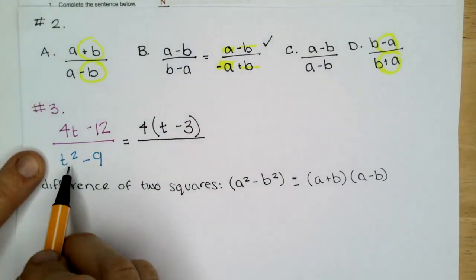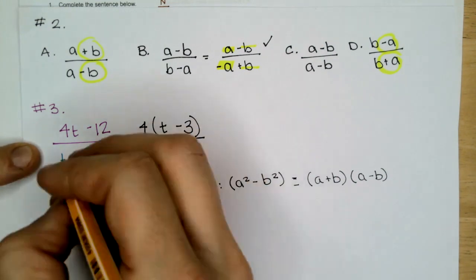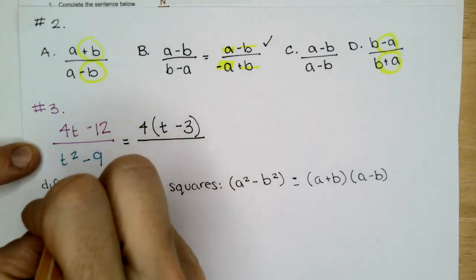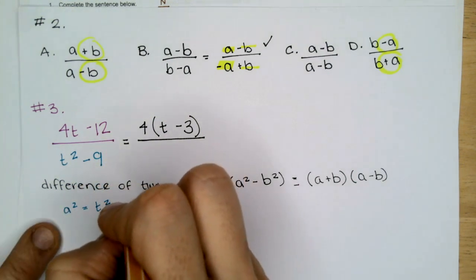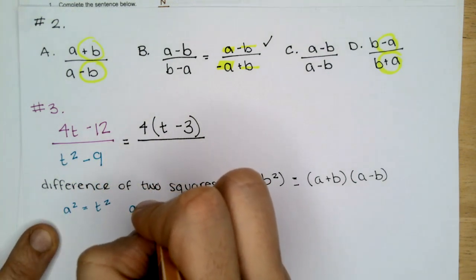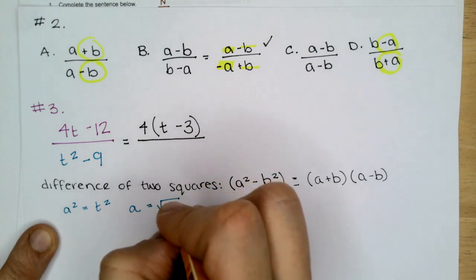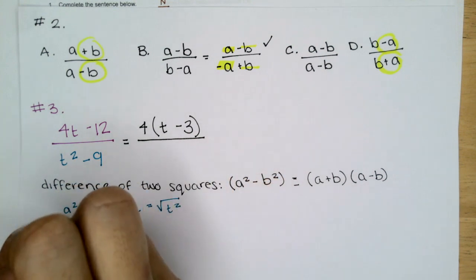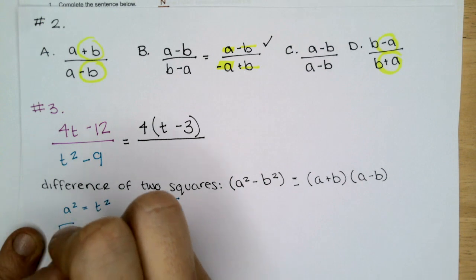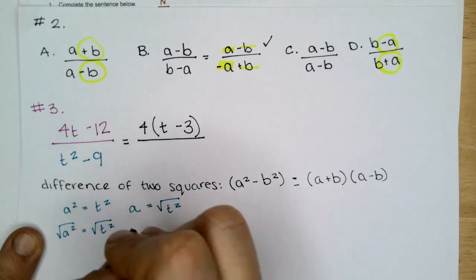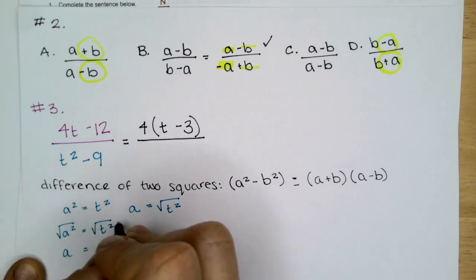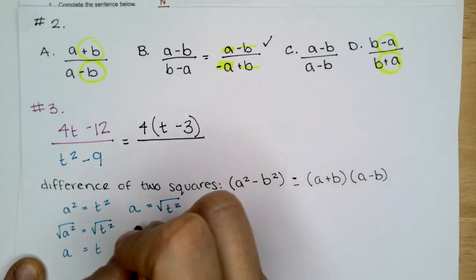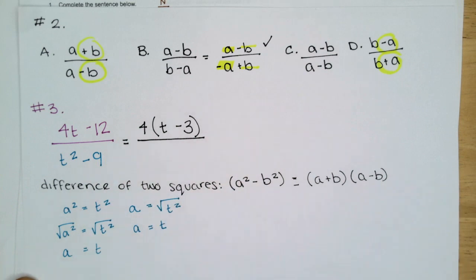So in this case, a squared is t squared. So a is going to be the square root of t squared, because the square root of a squared is going to give me a. The square root of t squared is going to give me t. So a is t.